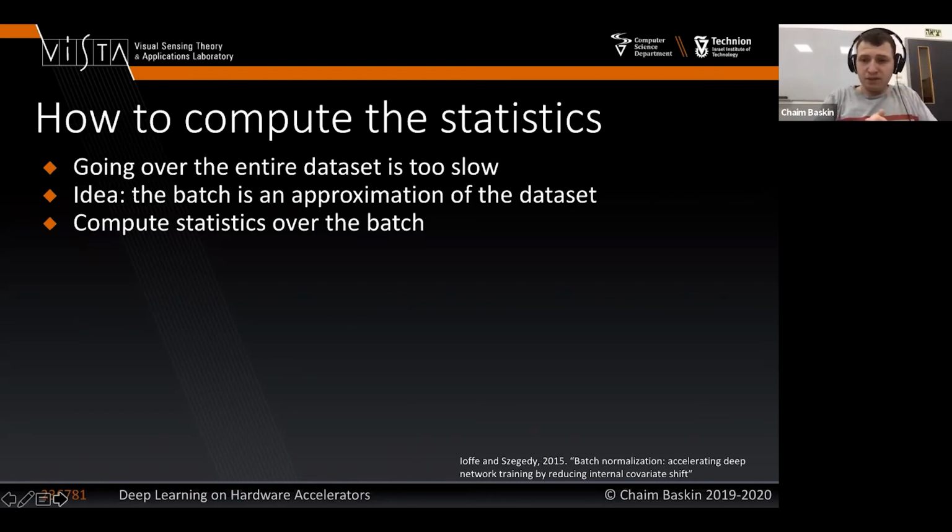Of course, someone like Ophir can ask me a question: Chaim, what is the size of the batch? Because it's also a hyperparameter. In most cases for ImageNet, we know that the optimal size is around 128. It's enough to get enough statistics. But it's also a hyperparameter, so you should be aware of it.